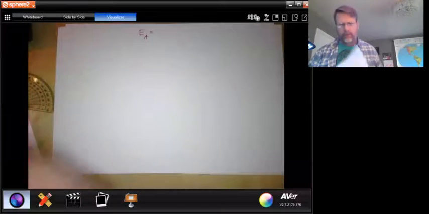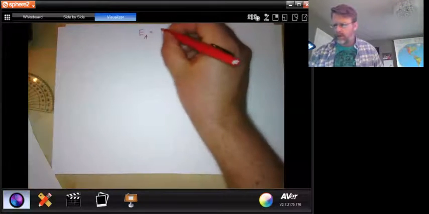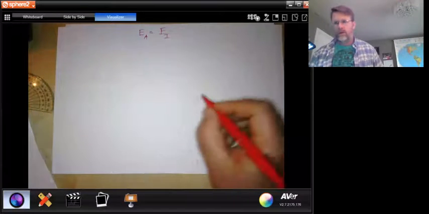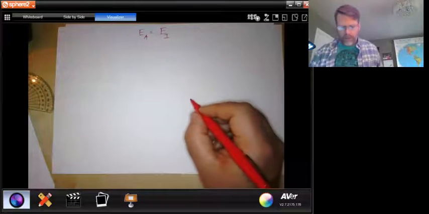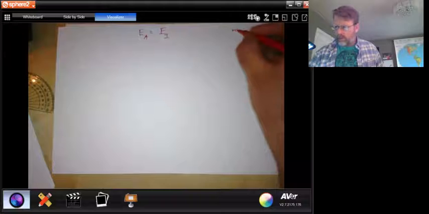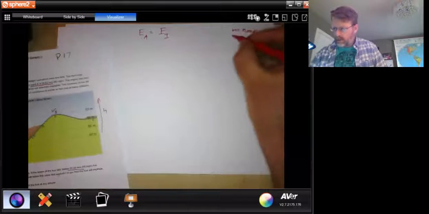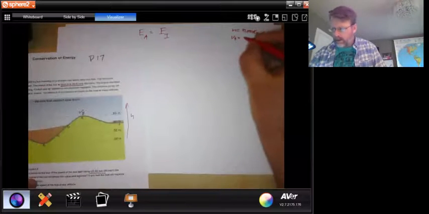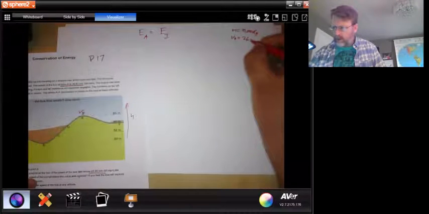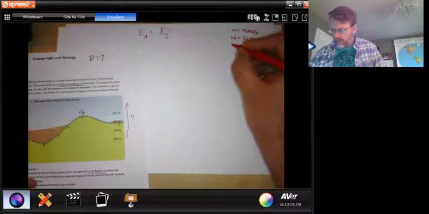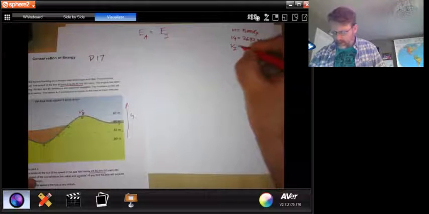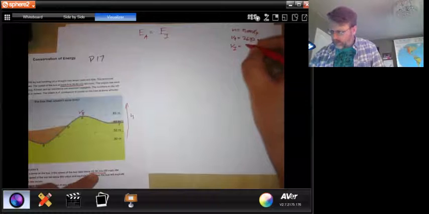Okay, so they're saying for what interval, so I'm just going to call this the energy of the interval. And again, we know mass equals 10,000 kilograms. We know the velocity at A was 26.82. We want to know the velocity at the interval of 22.35.